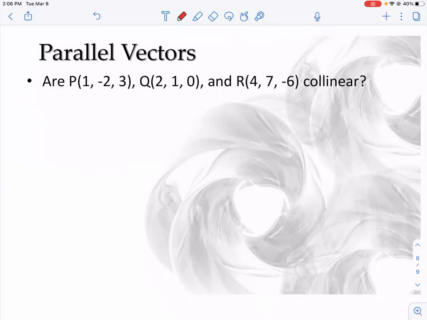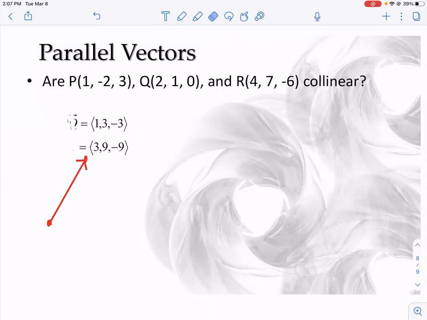So if I have 3 points that are not collinear, then when we create the 2 vectors, they're not going to be parallel.